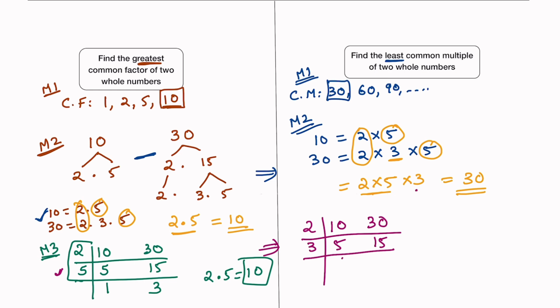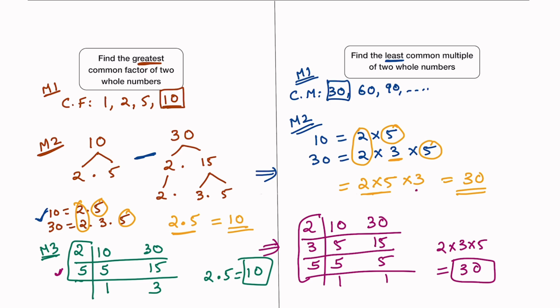So we don't do that. We leave 5 as it is. 15 divided by 3 is 5. Now both are 5. So we start with 5 here. Okay. So we multiply this one. So that's 2 times 3 times 5, which is 30. Right. So no matter which method you employ, the answer is going to be the same.